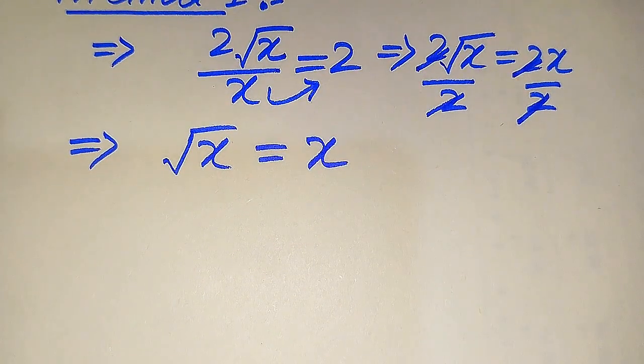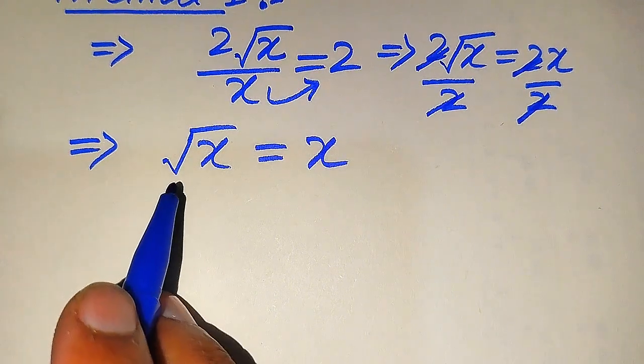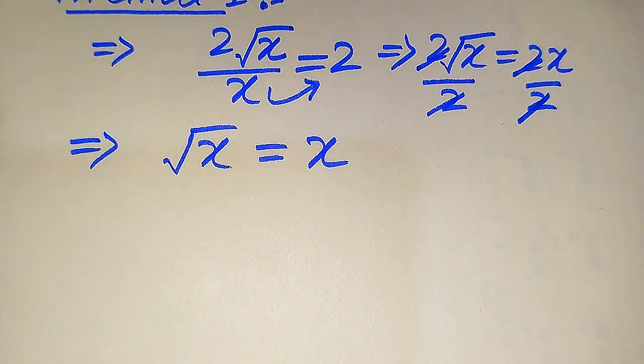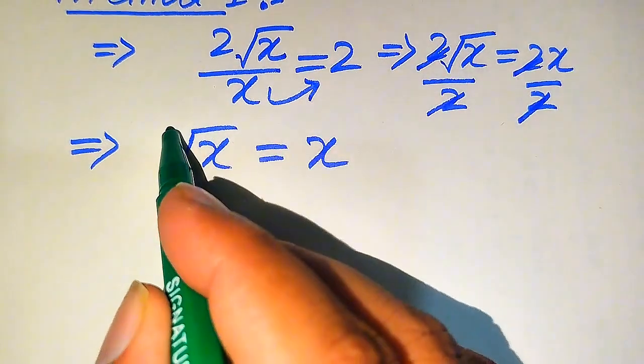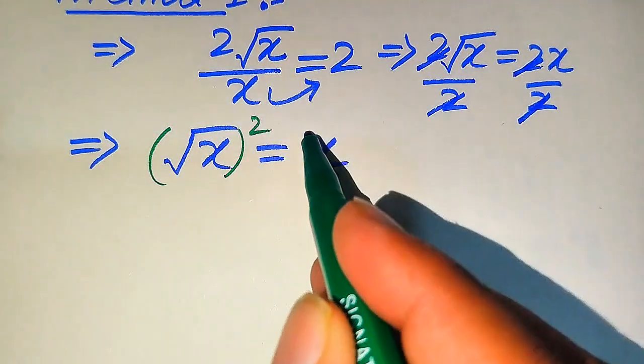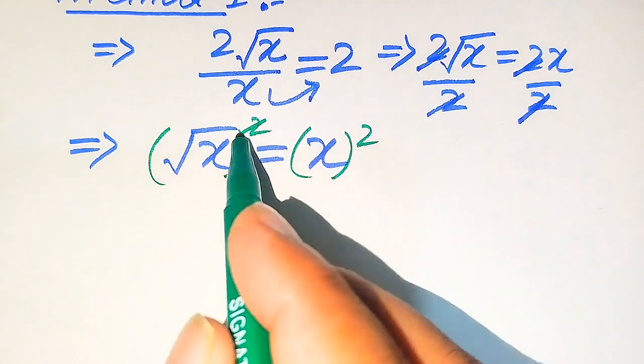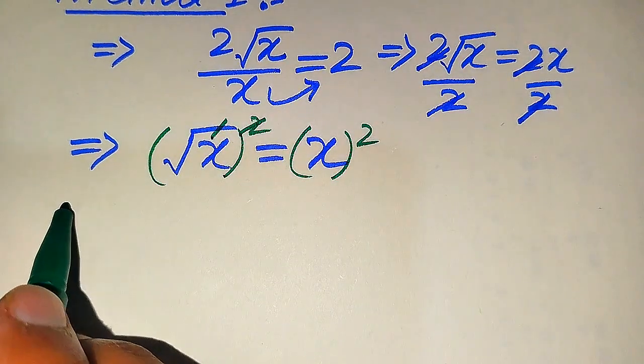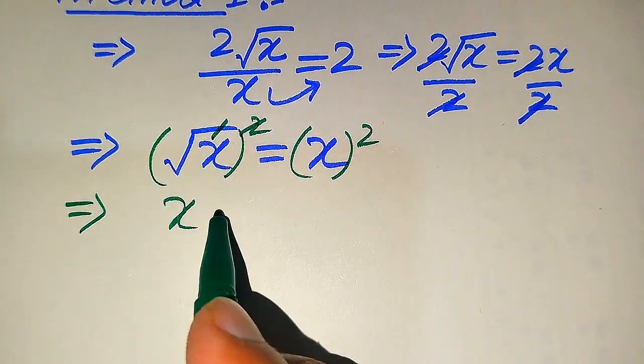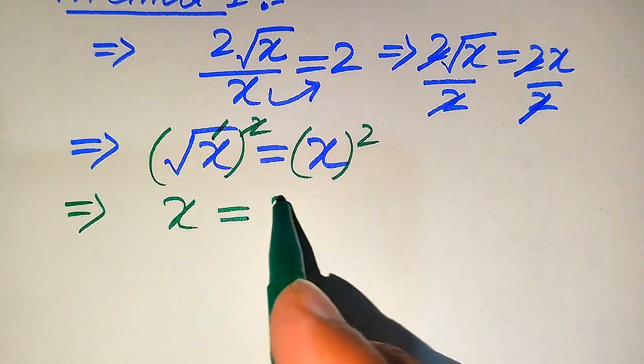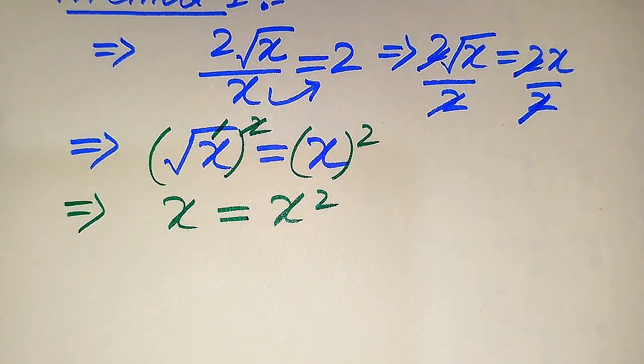So further in the next step, in order to find the values of x, we need to remove this square root sign from the left hand side. In order to remove the square root sign, we apply squaring on both of the sides. So you see that this 2 and this square root are gone, and we get x is equal to x square.